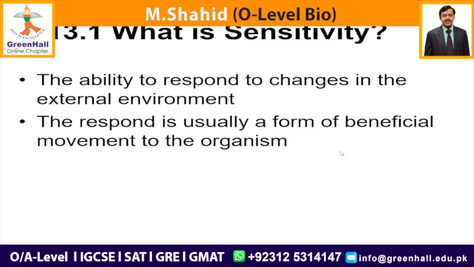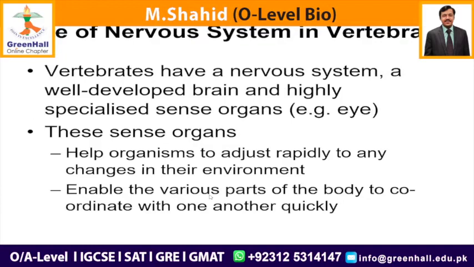Obviously, that's an ability to respond to the changes in the surrounding or external environment, or even to the internal environment, as we had seen yesterday. So the response is usually a form of a beneficial movement to the organism. Either you move away from the danger or toward certain foodstuff and likewise.